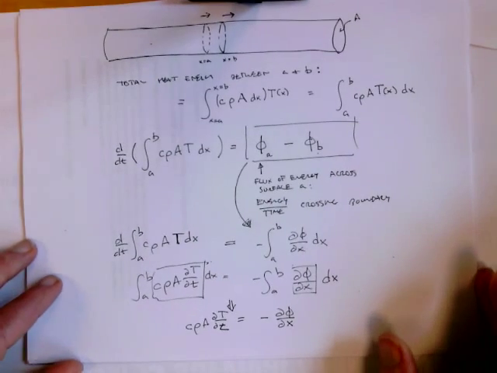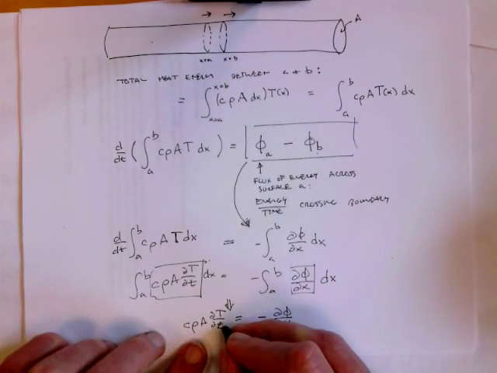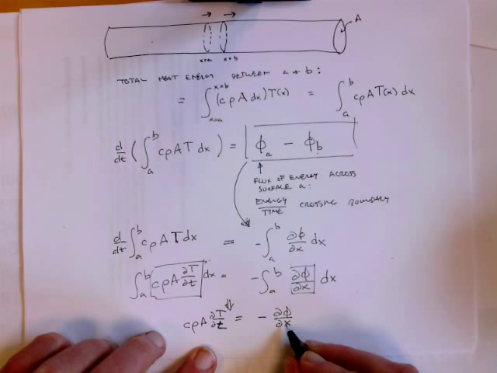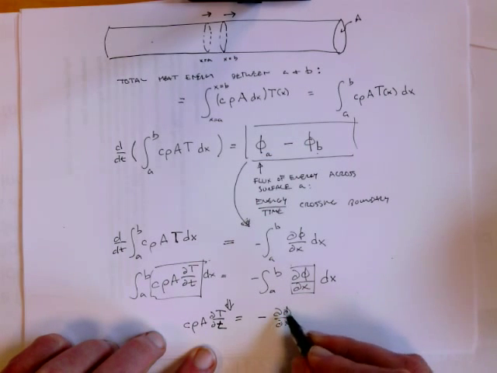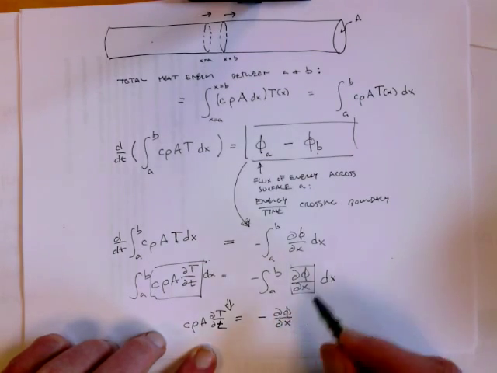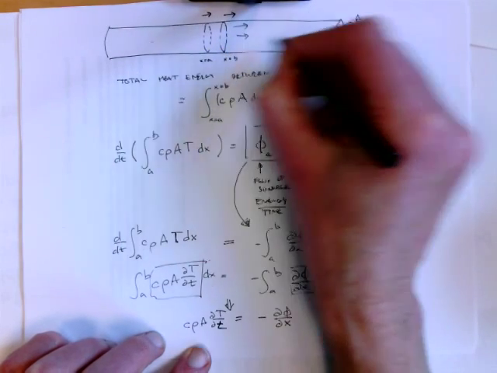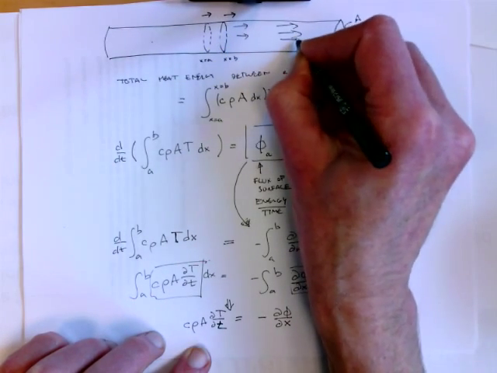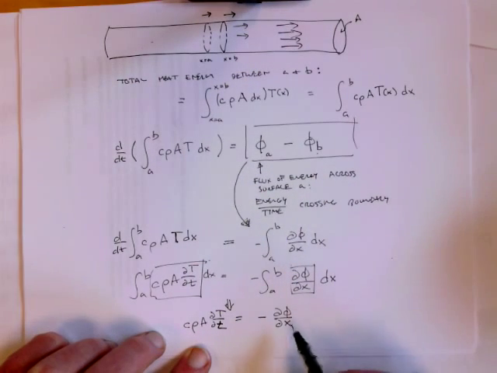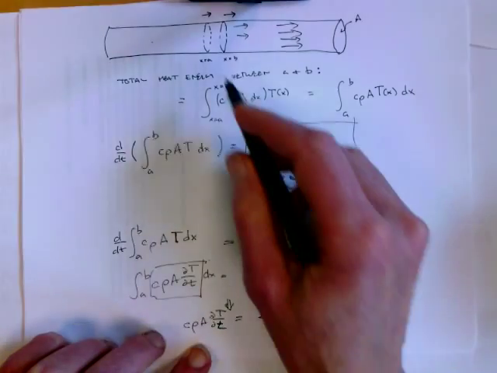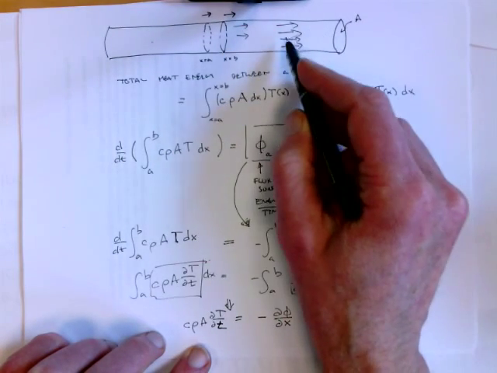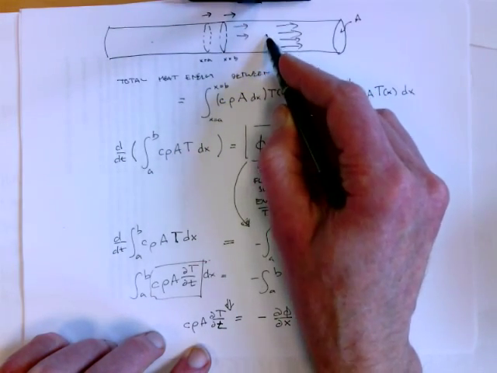Now, if I take a minute to think about what that means: if my flux as I move to the right is increasing, if d phi by dx is positive, what that means is that as I go further to the right along this bar, I get more and more energy flow. And the only way that I could have more and more energy flow as I went further along the bar is if I was losing energy.